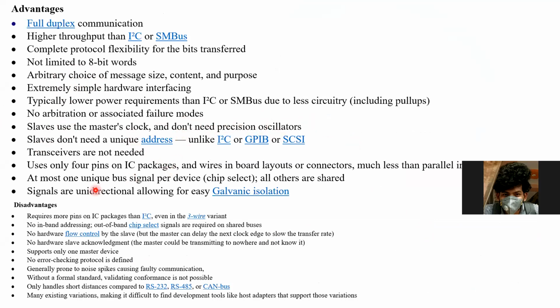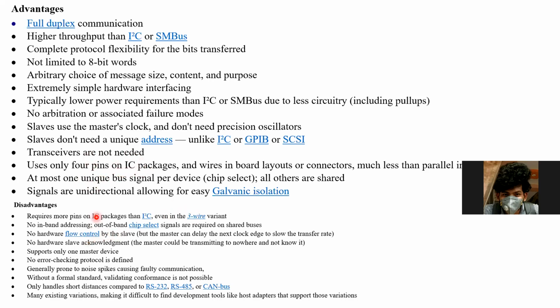I don't need an address for the slave. I2C and others need an address; here no address is needed. If I want to select a slave, I have to connect with that. But the problem is I can connect a maximum of only 15 devices here. And only 4 pins are needed to interface with my slave devices.